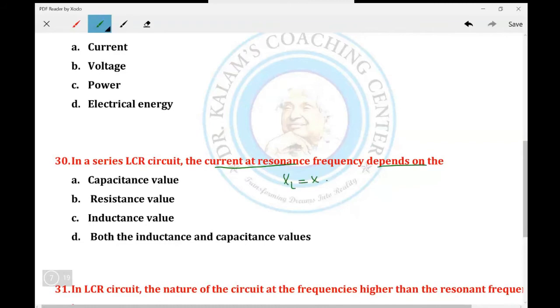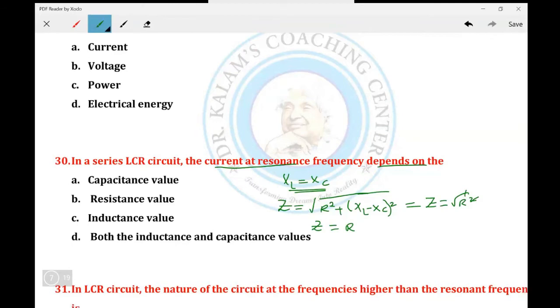So impedance will be given by root of R square plus (XL minus XC) the whole square. So anyways, since these two are equal, XL and XC cancel out.